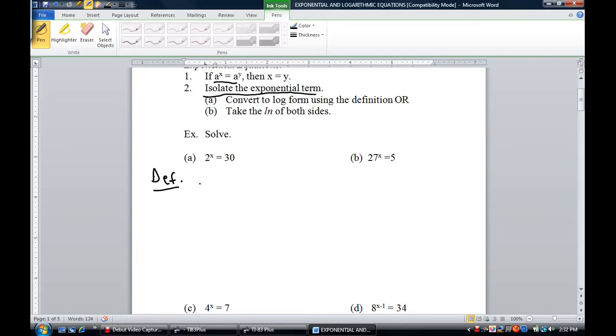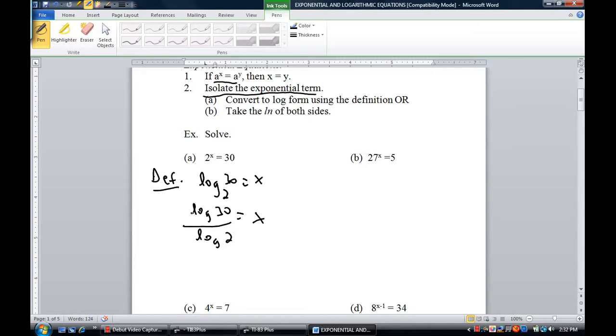If we want to use the definition, I'll write the word log down, and I'll start with the base, which is 2. And then I know that logs equal exponents, so that means that the log equals x, and then the 30 remains. And then from here, I'll use change of base to rewrite it. Change of base says I write log of 30 over log of 2 because the base goes on the bottom. Now for some instructors, this is your answer.